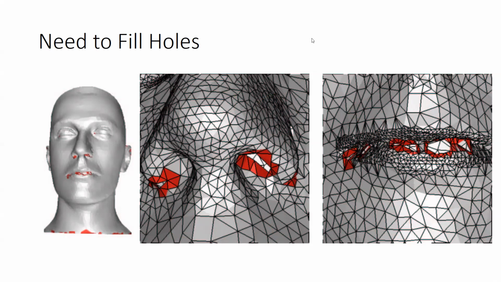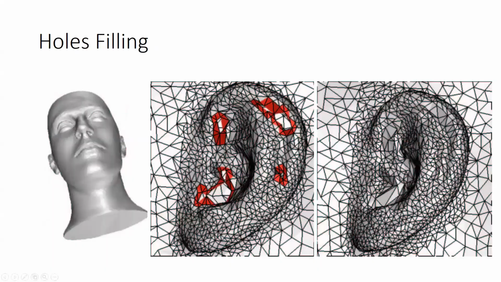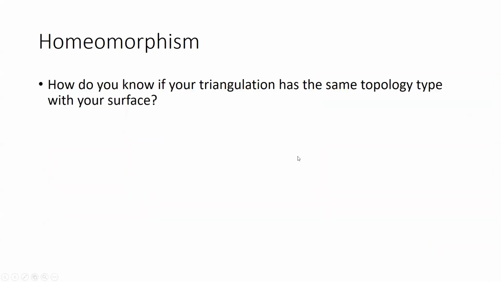This one is hard to fix by computer alone, because the computer has no knowledge of how to handle this type of area when the sampling points are not dense enough. Okay, and we need to fill all the holes, and you need some human intervention for that.